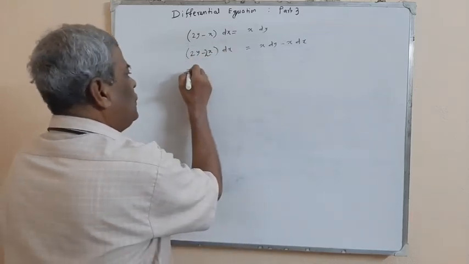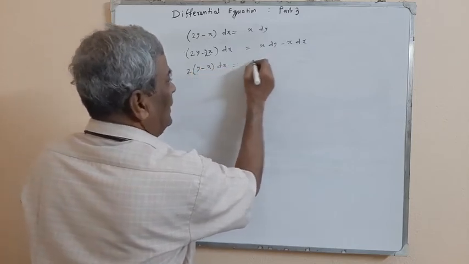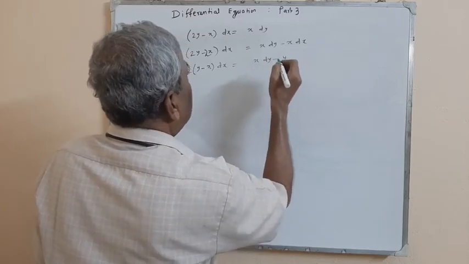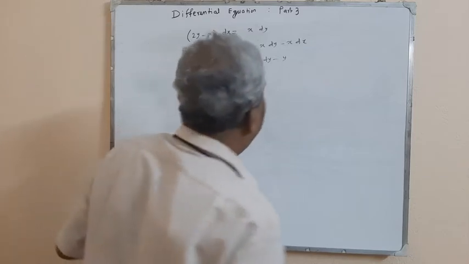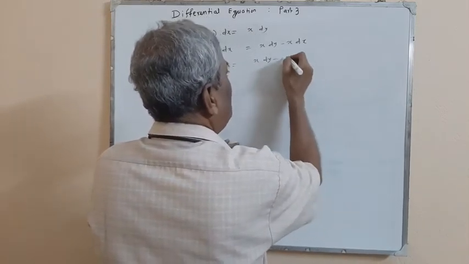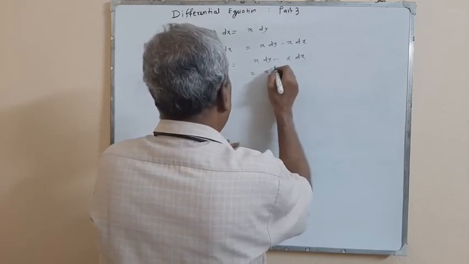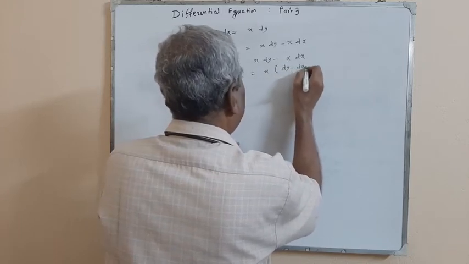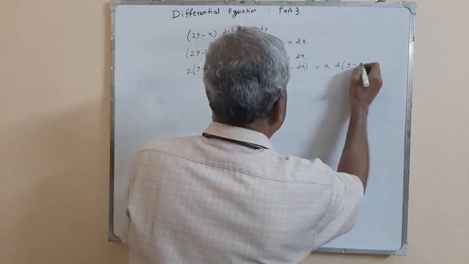So that 2 into (y minus x) dx equals x (dy minus dx), that is x into d of (y minus x).